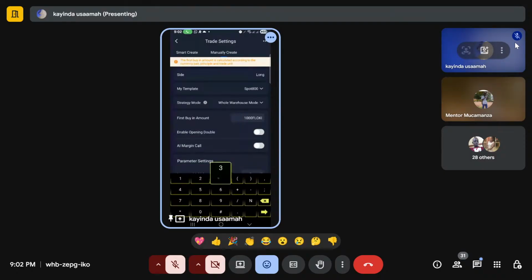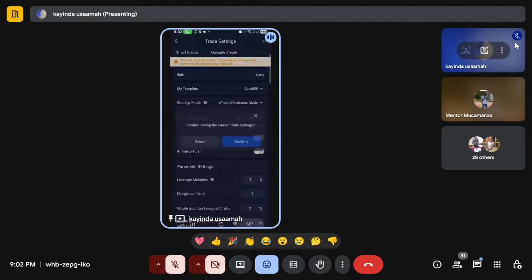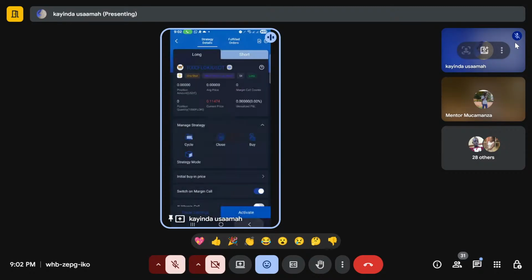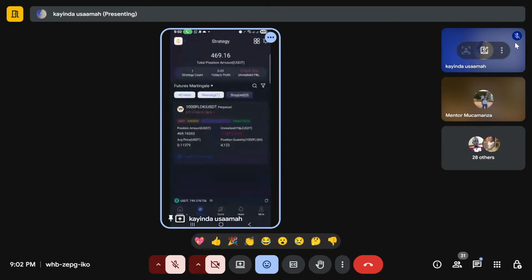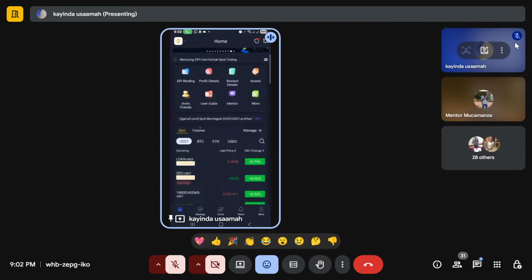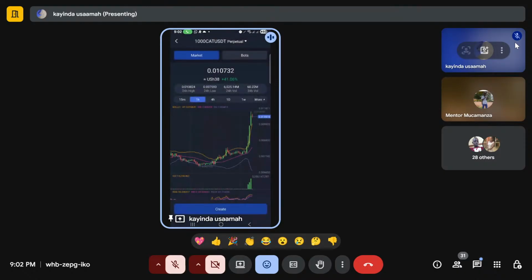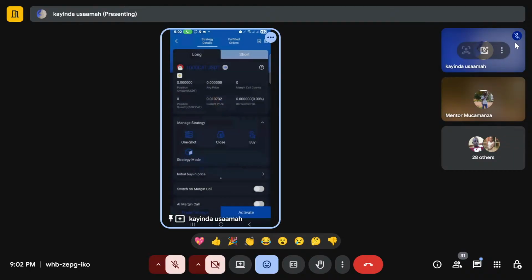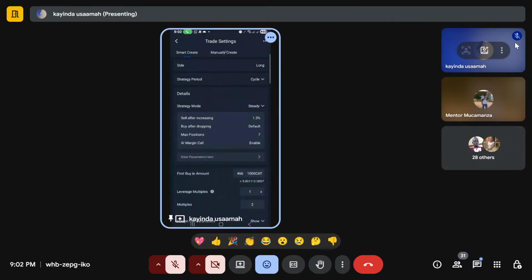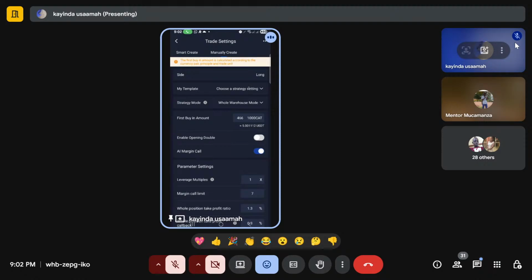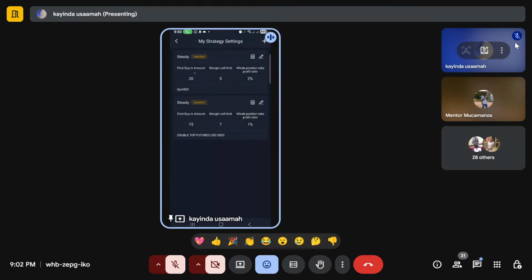Let me get a coin I've never traded with us. Let's assume they have given us 1,000 cut. I've never traded this coin before, so we are going to long it. Come on manually create, tap choose a strategy setting, tap on your first buying amount here on your strategy, which is 20.